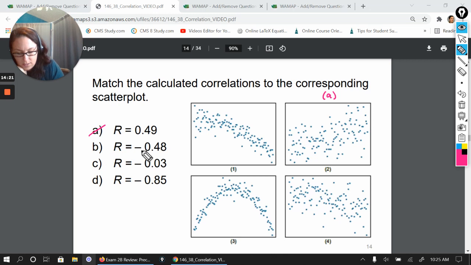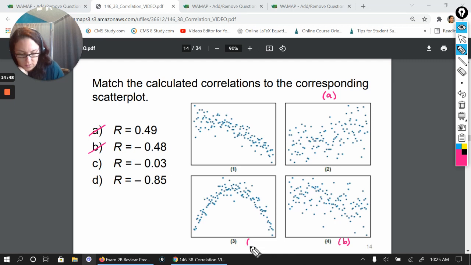Part B, R equals negative 0.48. So we want something similar to A, but heading downward in direction. So I would think that number 4 is a good candidate for B. C, R equals negative 0.03. This one is very close to 0, so it should look like something that's almost not linear at all.